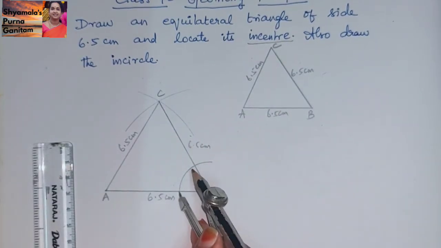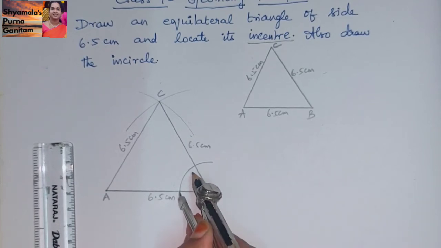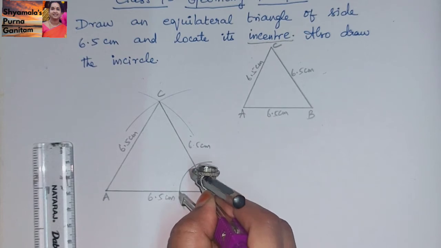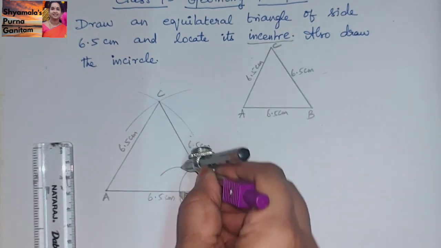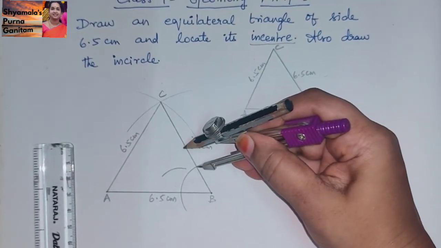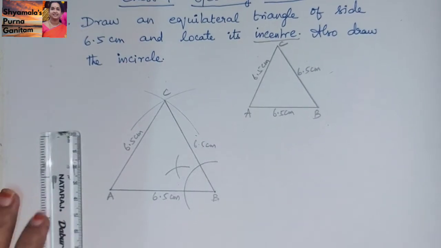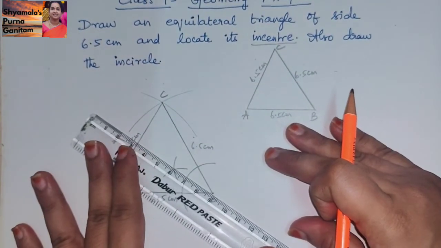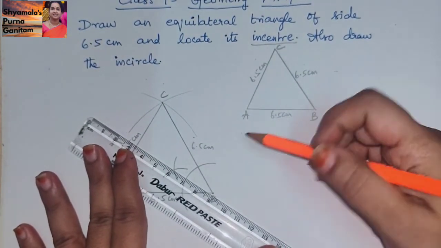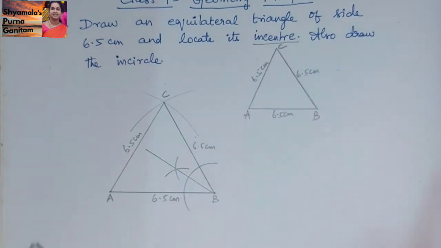From the points where that arc meets the sides of the triangle, I will take more than half and cut an arc. Then with the other side I will cut the previous arc. So I got an angle bisector for B.